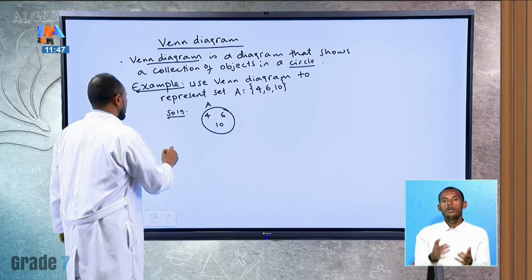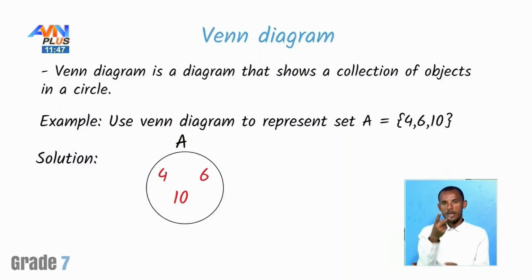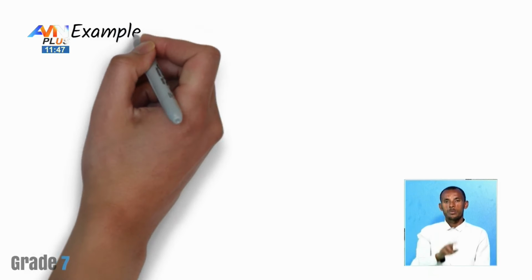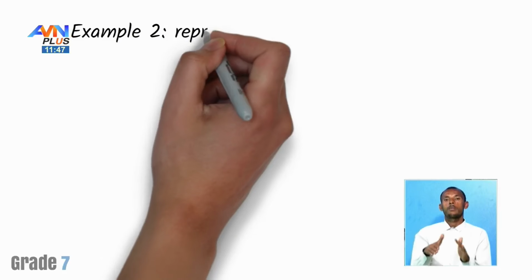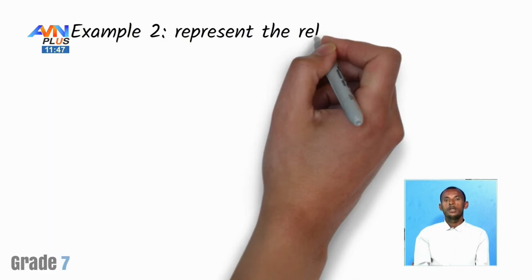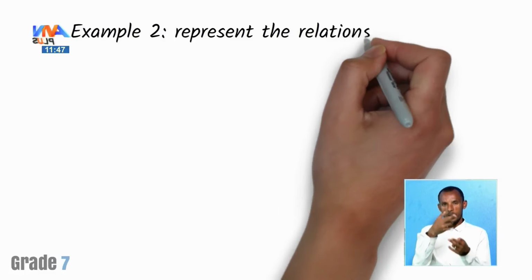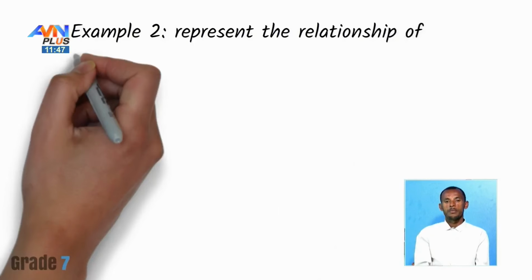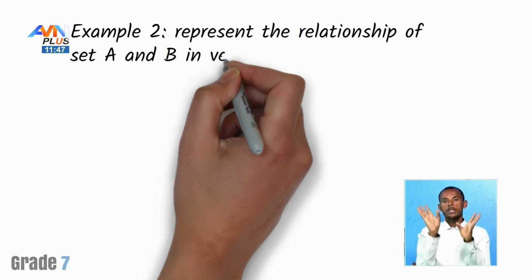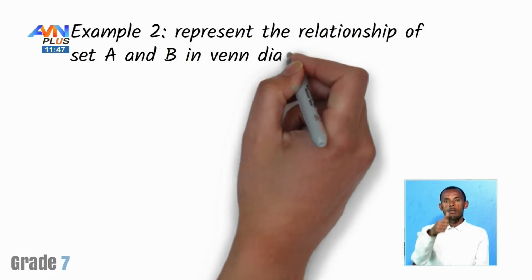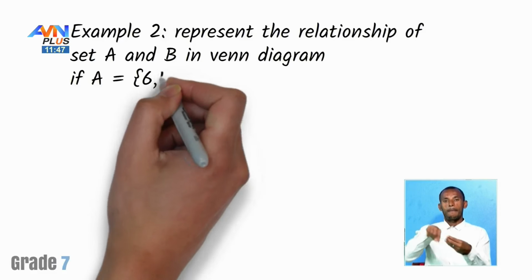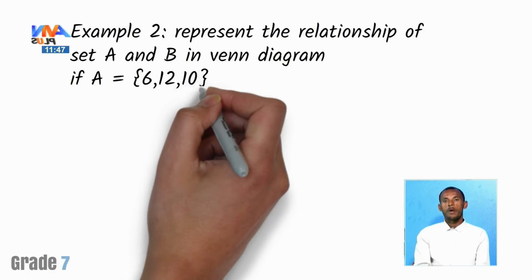Now, this is the first example. Let's proceed to the second example. Example 2. Represent the relationship of set A and B in a Venn diagram.